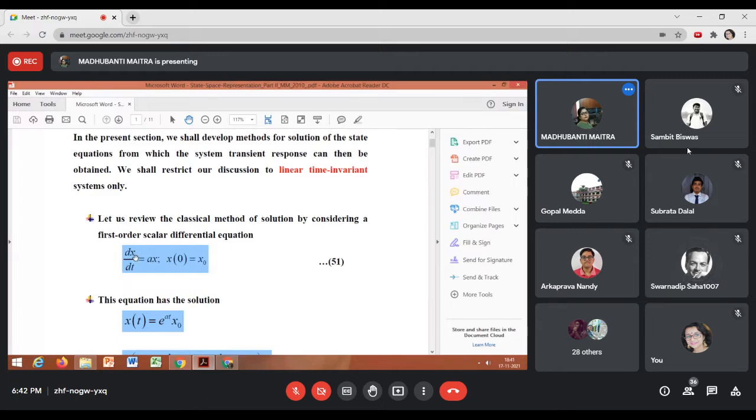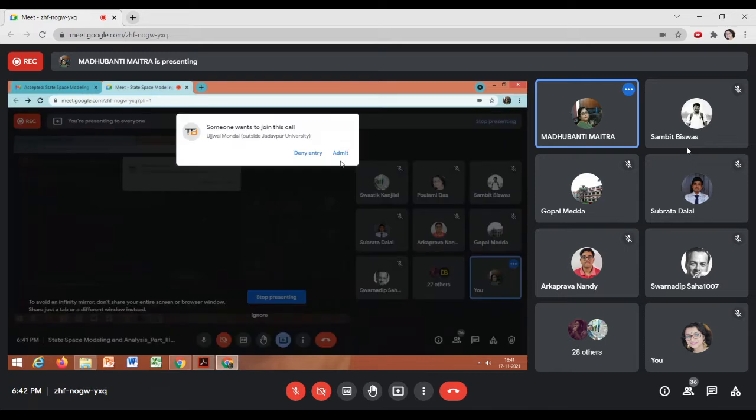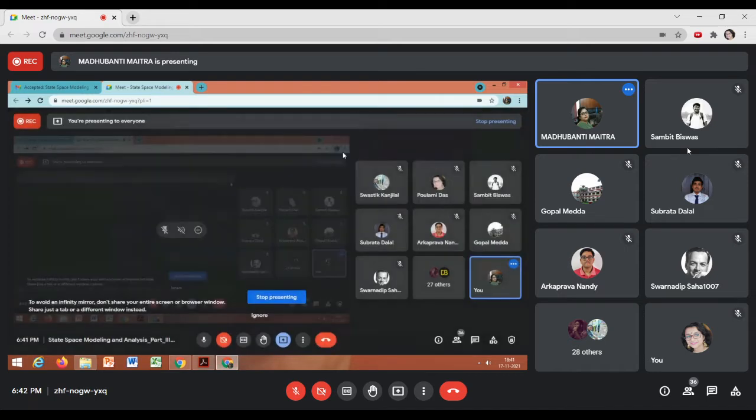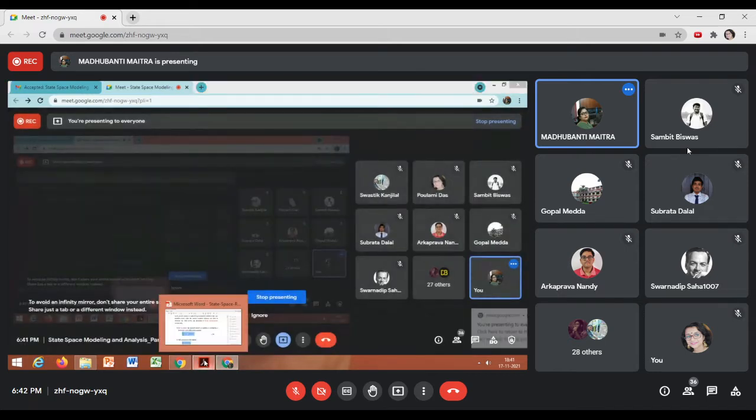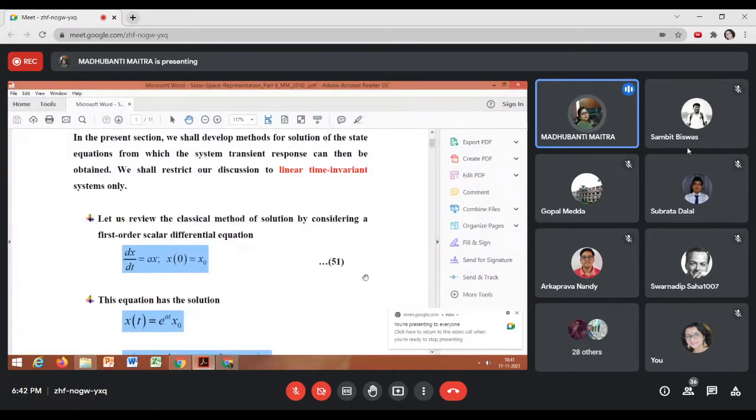Yes, ma'am. So the first order scalar differential equation involving one single variable is given by dx/dt equal to ax, and the initial condition is x(0).